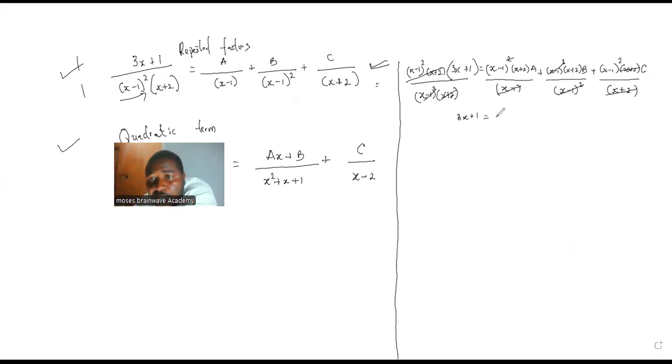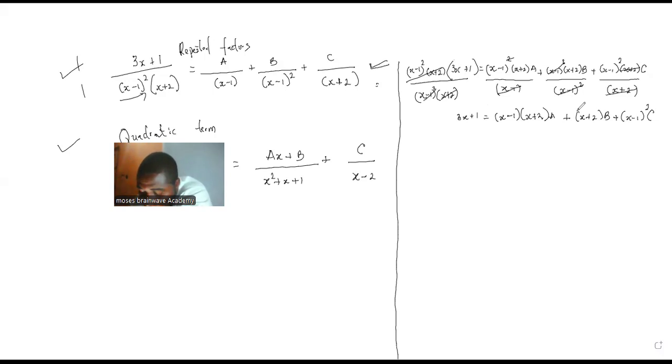Then here is 1 times x minus 1, then x plus 2. This is A. What is left here? We have plus x plus 2 of B. Then we'll have plus x minus 1 all squared of C. Good. That is what we are going to be having here.